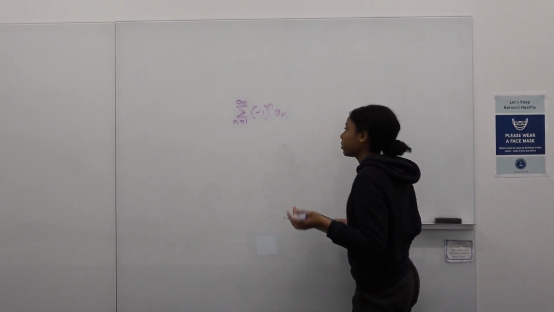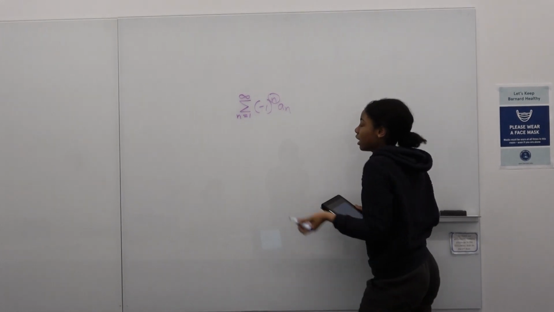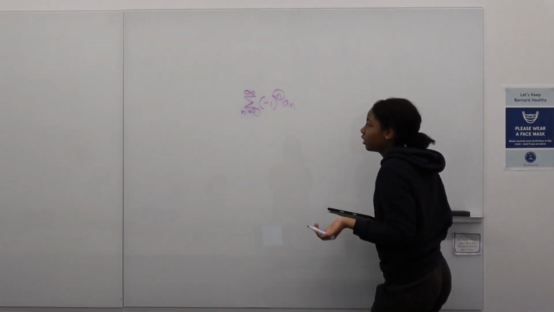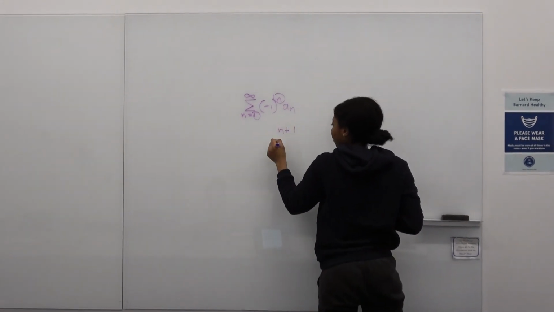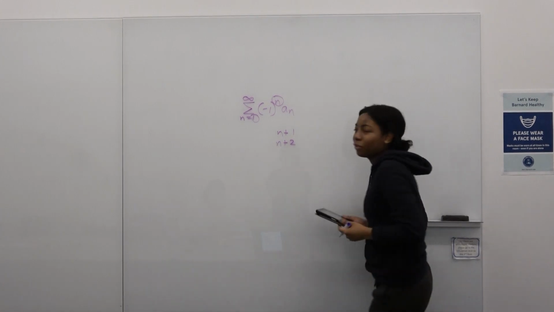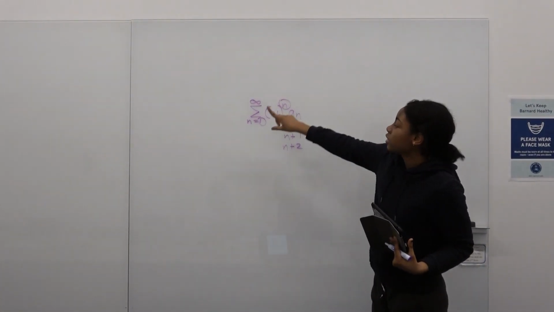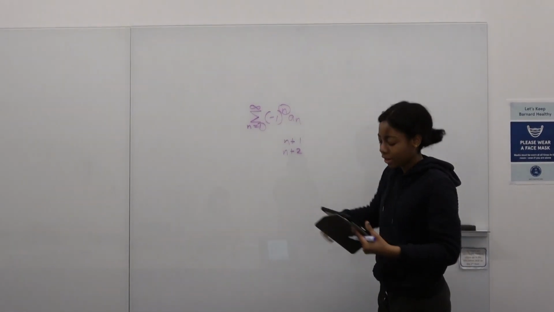There's a lot of flexibility with how this part is represented, as well as the index. The index could be 0, or it could be 1, or any other number, and this could be n plus 1, n plus 2, etc. You get the point. But essentially, as this number increases, the signs of each term in the series will switch between a positive and a negative value.